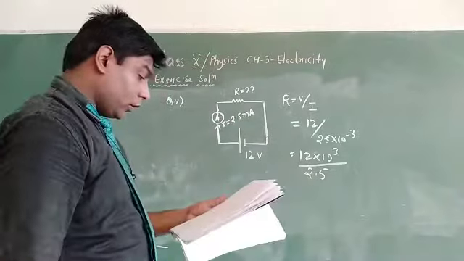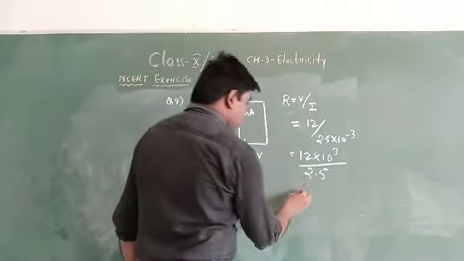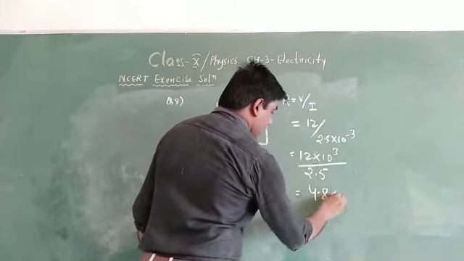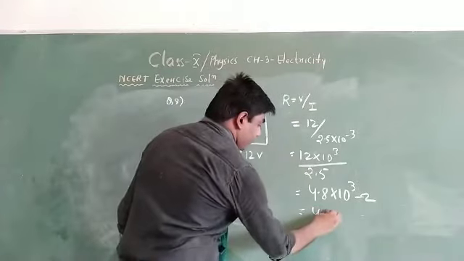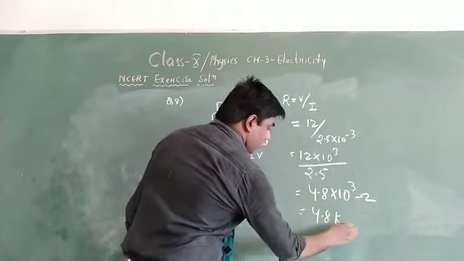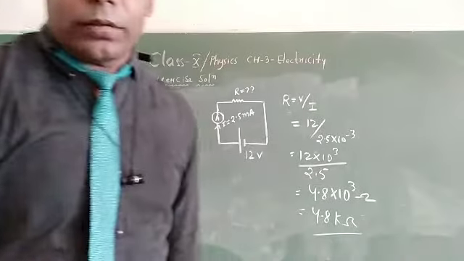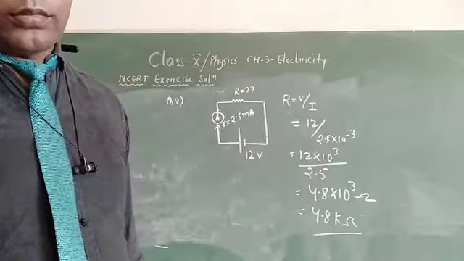So it will be 4.8 into 10 to the power 3 ohm, or if you remove the 10 to the power 3, then it will be written as 4.8 kilo ohm, right?